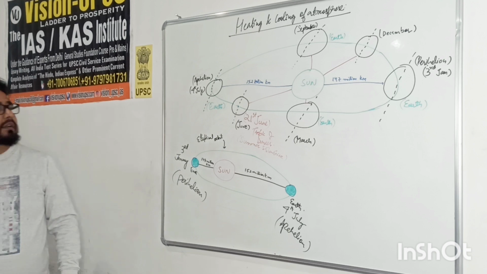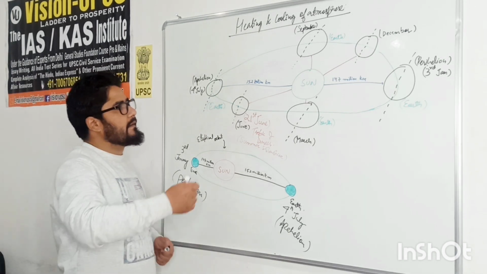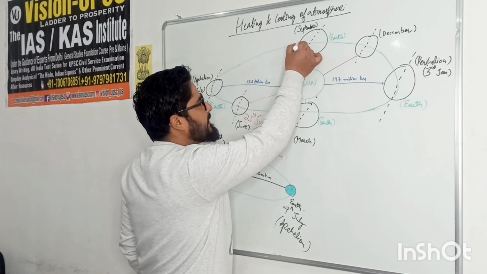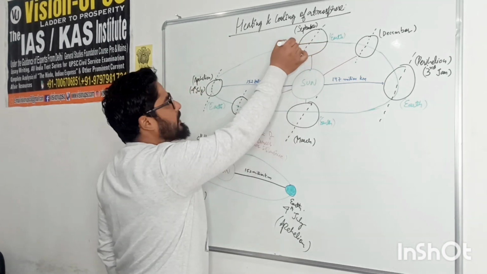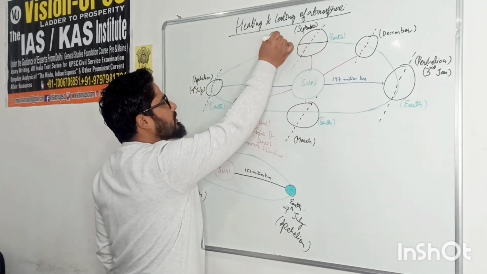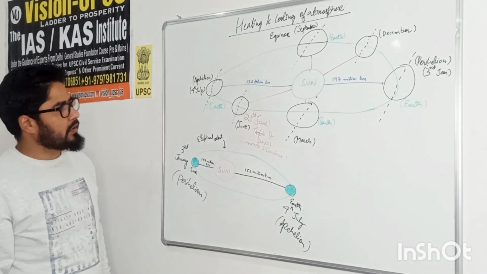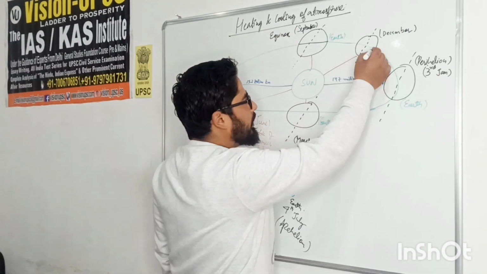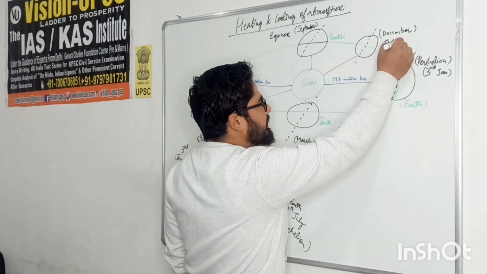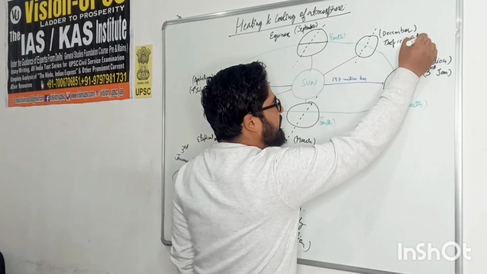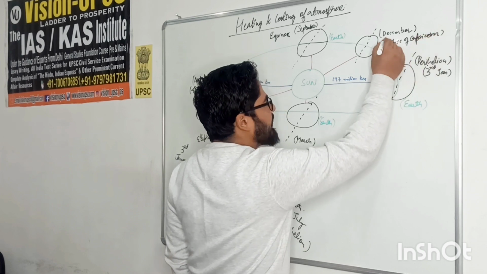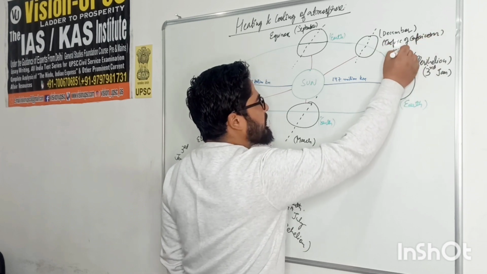When it's directly on equator, it is known as equinox. When it's on Tropic of Capricorn, it's known as winter solstice.